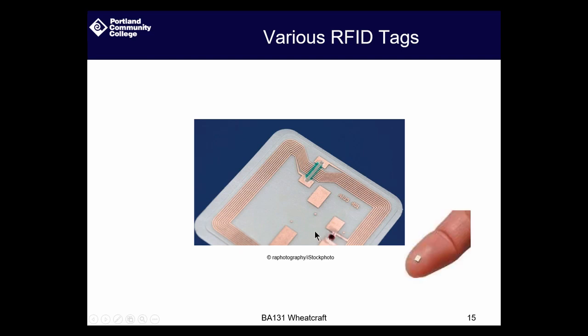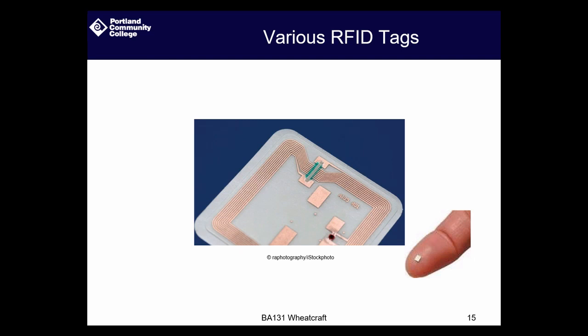And the size of this whole device, you can see is pretty small, and it's very thin. And so it can be put anywhere. It can be put in the collar of a shirt, sewn in. You wouldn't even notice it's there. It can be put in the heel of a shoe, and you don't know it's there.